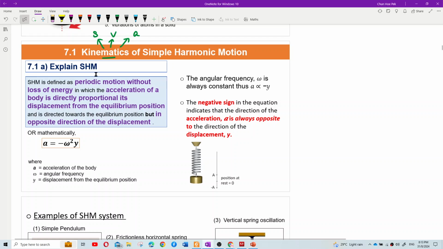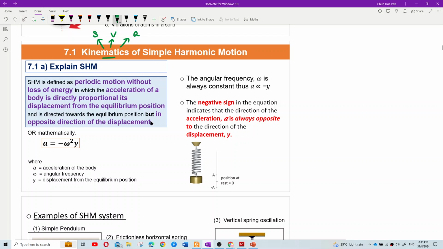What is simple harmonic motion? Simple harmonic motion is a periodic motion without loss of energy, in which the acceleration of a body is directly proportional to the displacement from the equilibrium position, but is directed towards the equilibrium position, in the opposite direction of the displacement.